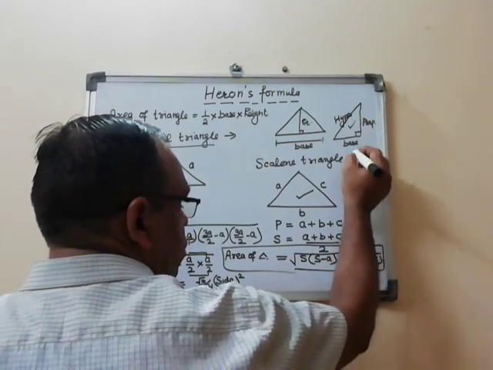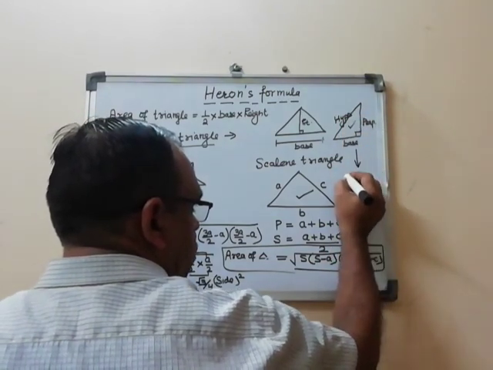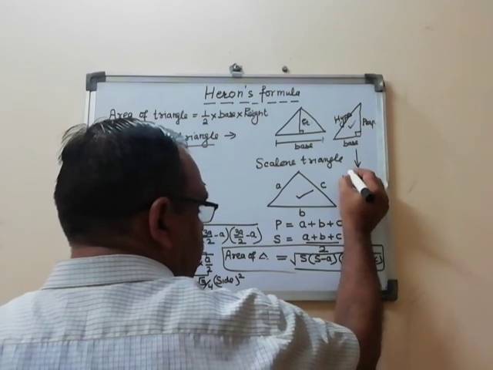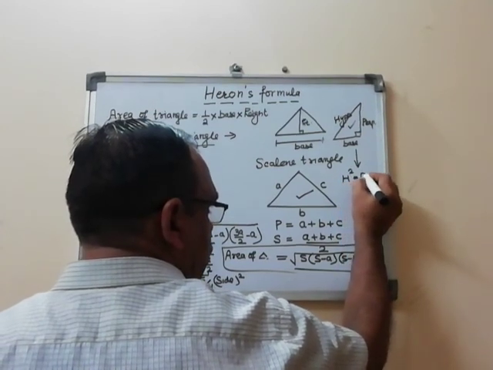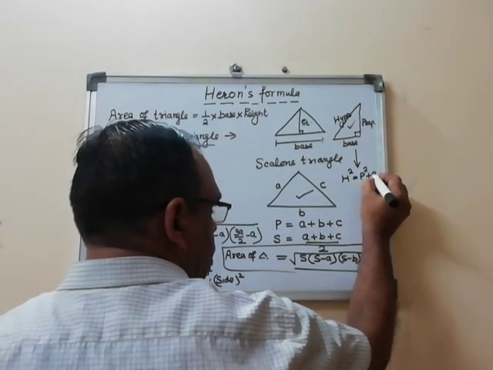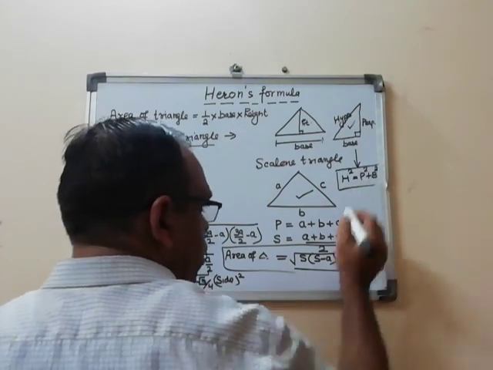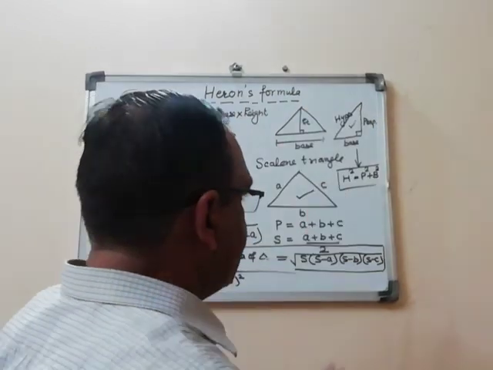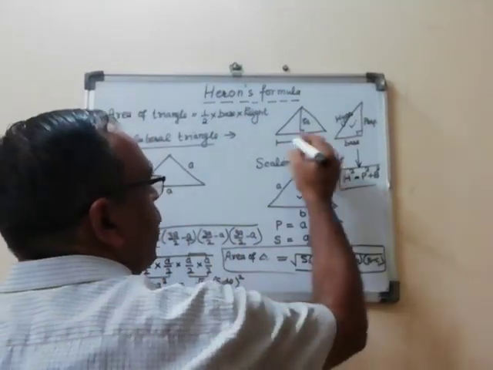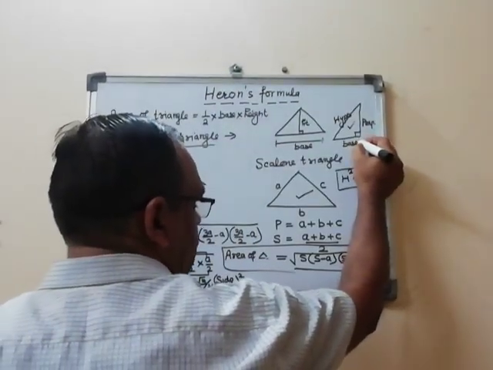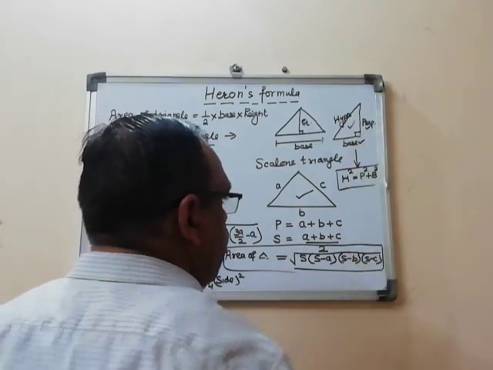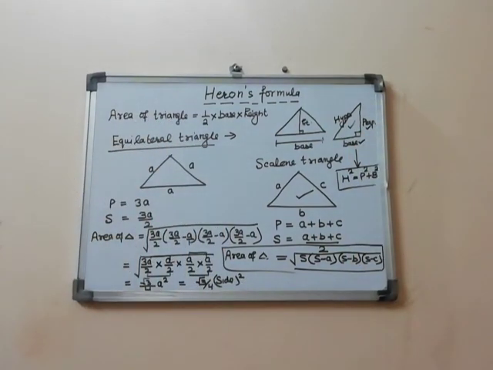You can use the Pythagoras theorem. Square of hypotenuse is equal to square of perpendicular plus square of base. With this formula you can find out any of the sides. Then you can find out the area of this right angle triangle, half of base into height or perpendicular. Thank you.